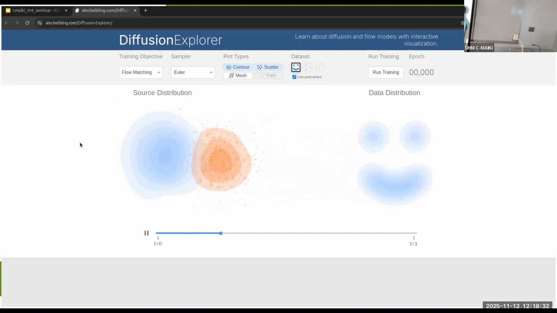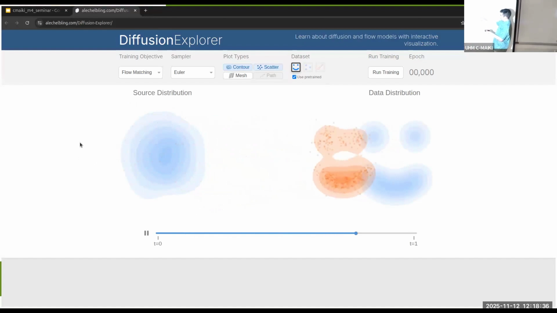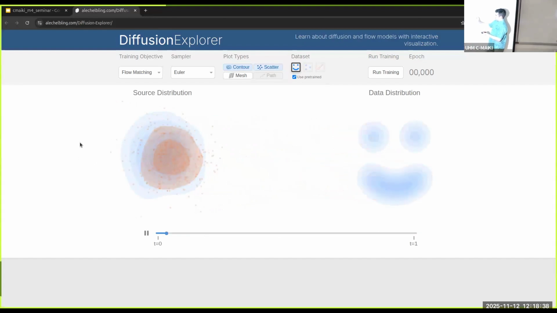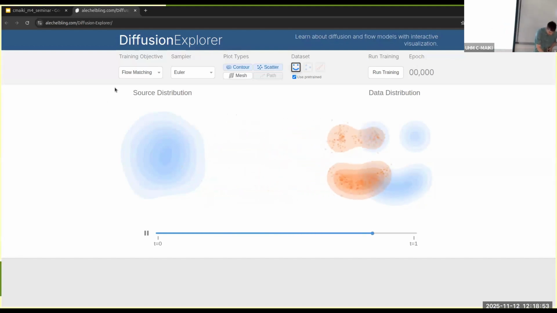Given just these samples, you can learn a mapping from this known distribution to that one. And that allows you to sample from this complicated distribution, because all you have to do is sample from the known distribution, and then run the flow forward.